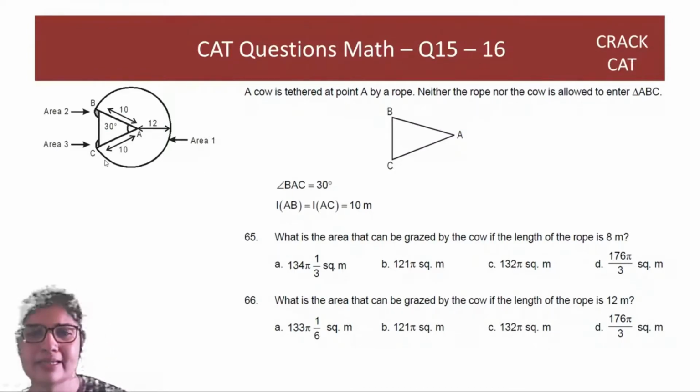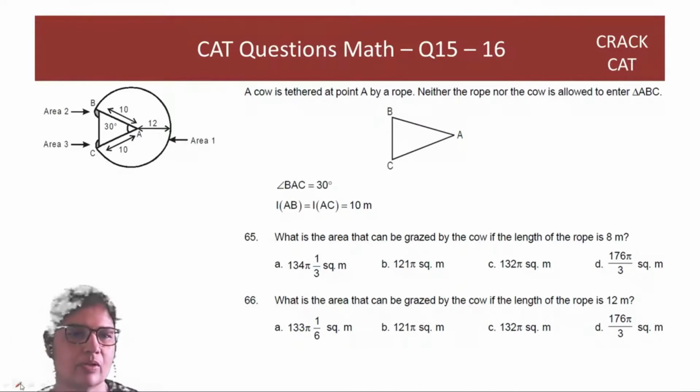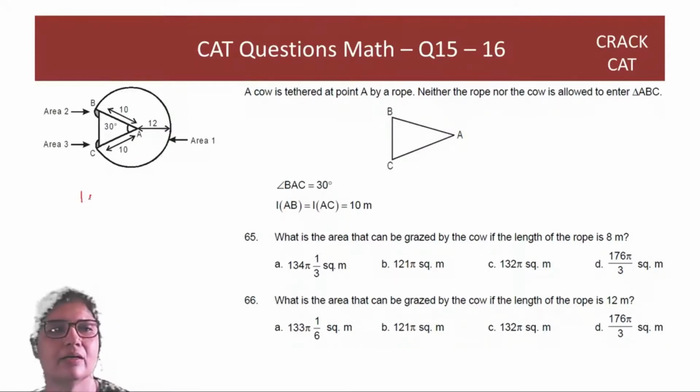So let's see how we can find these things. First of all, if he could graze the whole radius of 10, the answer would have been 100 pi, right? But you have to see this not as 10, you have to see this as 12. If he could graze the whole radius of 12, the answer would have been 144 pi.